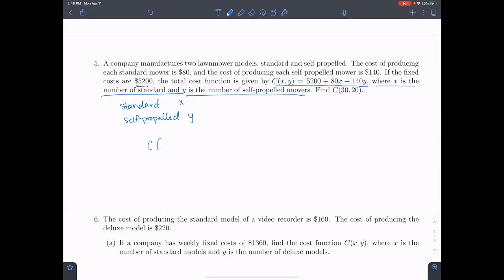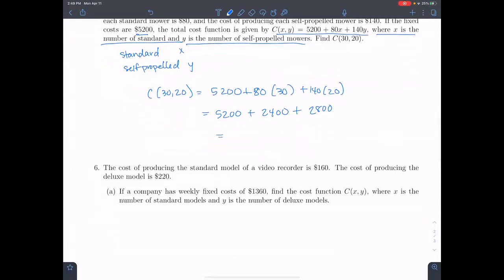So we have C of 30, 20 is 5,200 plus 80 times 30 plus 140 times 20. So 5,200 plus 8 times 3 is 24, plus 14 times 2 is 28. That is 10,400.